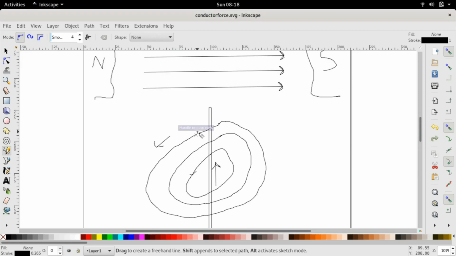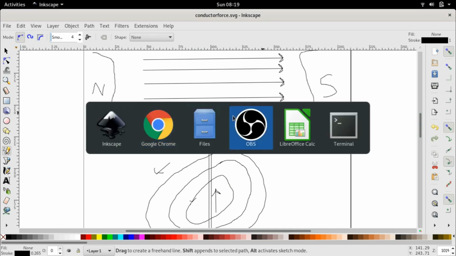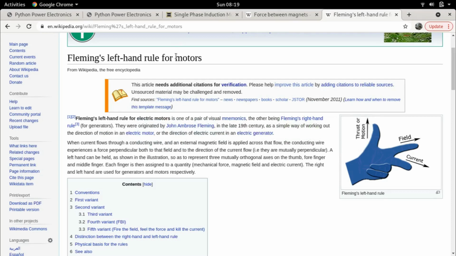If, on the other hand, we wanted to find out the direction of current if a conductor was moved in an external magnetic field, then we use Fleming's right-hand rule, which is the generator rule. The left-hand rule is also called the motor rule, because we want to find out the direction of the mechanical force. If a mechanical force exists and we want to find out the direction of induced current, we use the right-hand rule, but that comes much later when we talk about generators. For now we're just talking about motors.